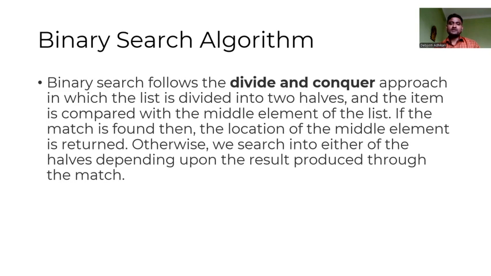If the target element is smaller than mid, then we search the left half or left subarray. If our target element is greater than mid, then we search the right subarray or the right half.